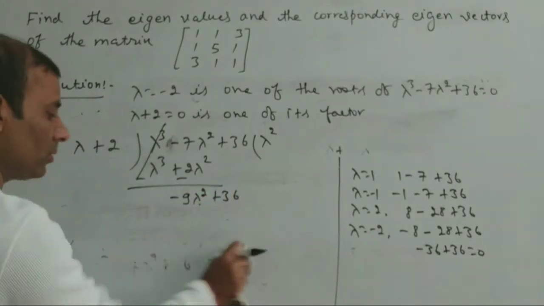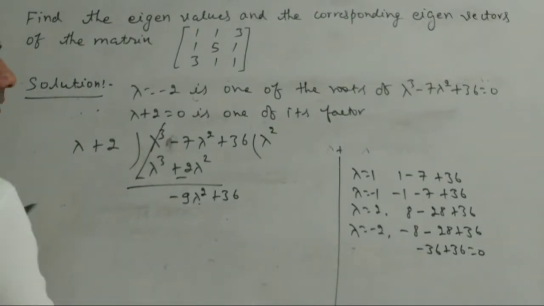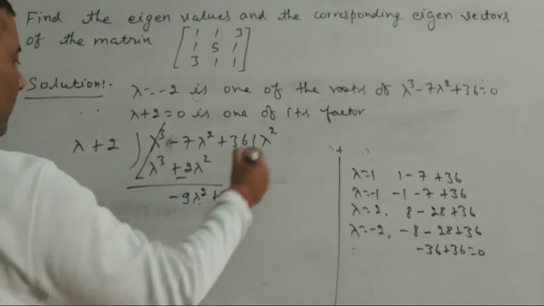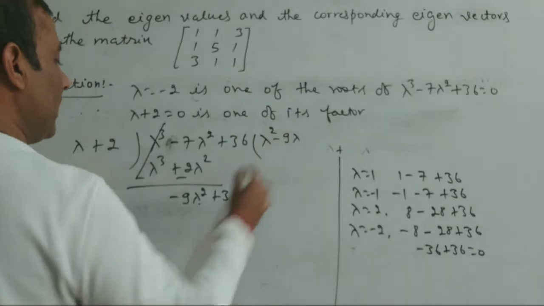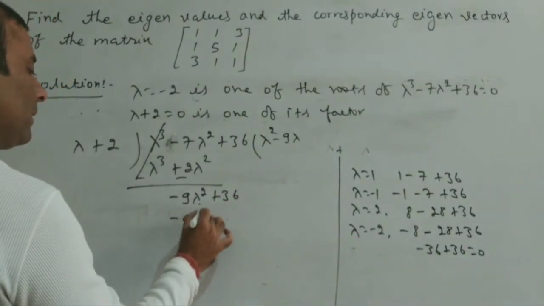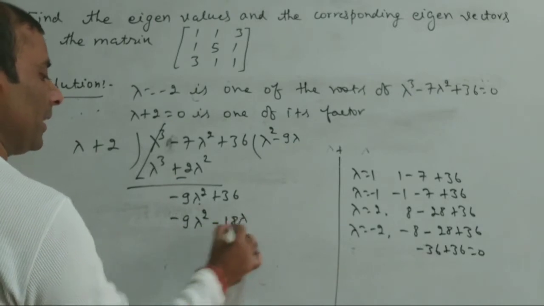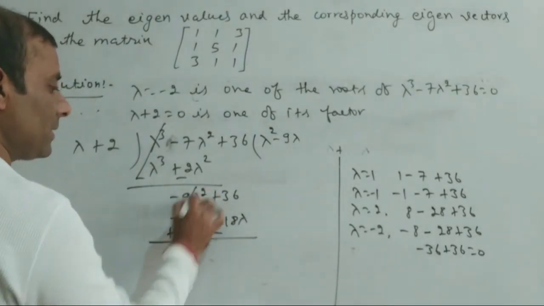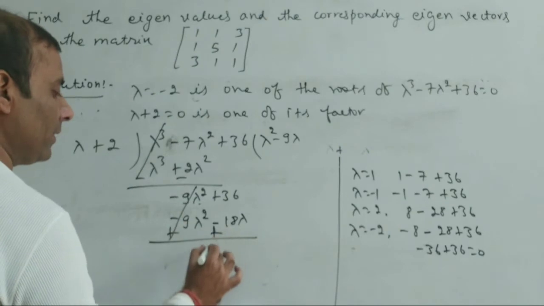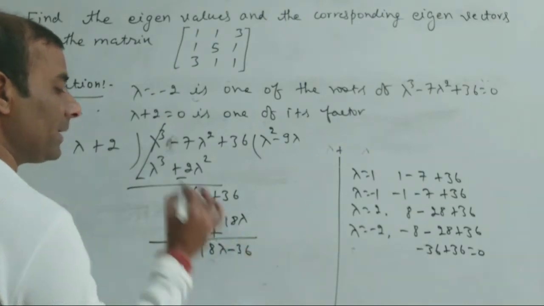Now by minus 9 lambda, it becomes minus 9 lambda square and minus 18 lambda. This is plus plus, so 18 lambda minus 36.